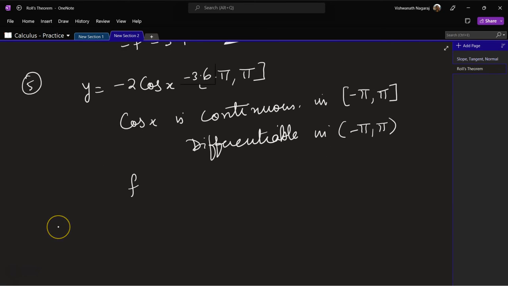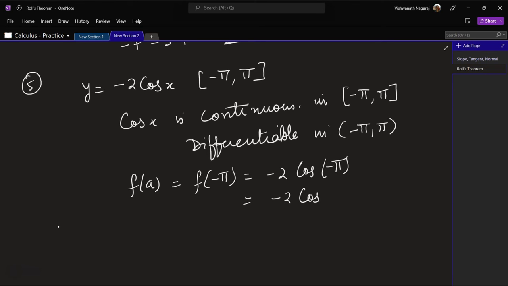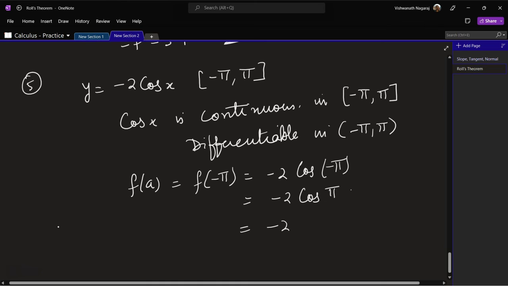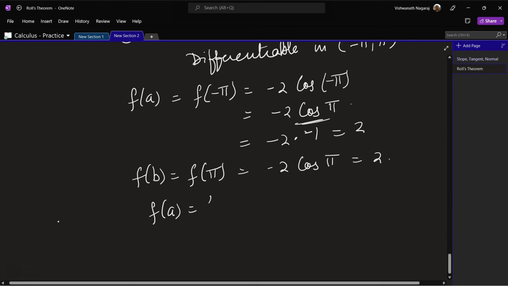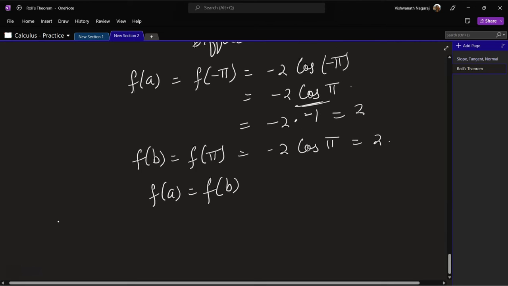Now we have to figure out f of a is equal to f of minus pi, which is minus 2 cos minus pi, which is minus 2 times minus 1, which is 2. Okay, f of b is equal to f of pi, which is equal to minus 2 cos pi, which is equal to 2. So which means f of a equal to f of b, and the conditions are satisfied.